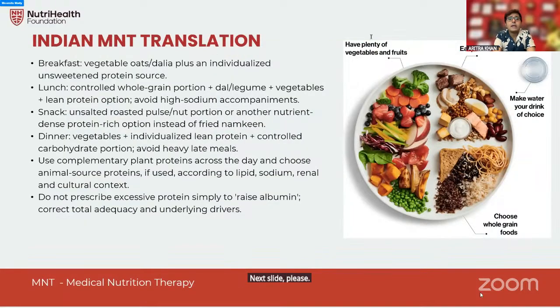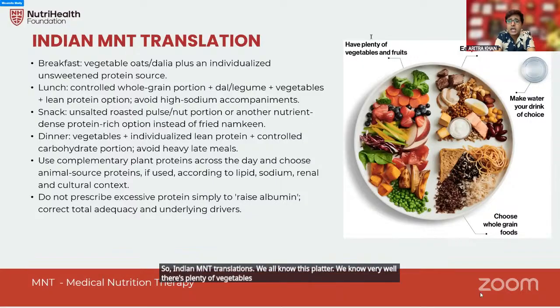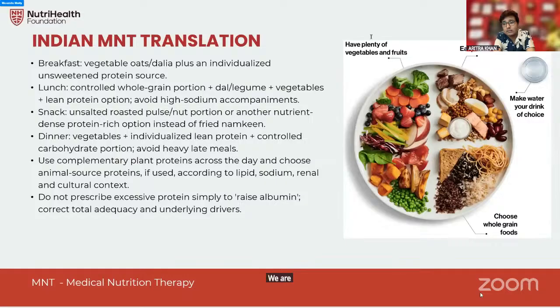So Indian MNT translations. We all know this platter. We know very well there are plenty of vegetables and fruits, basically either rice or the cereals, at any point of India, staple foods. We are talking about North Indian rice. We are talking about South Indian staple foods like dosa, like idli, like appam, like curd rice.